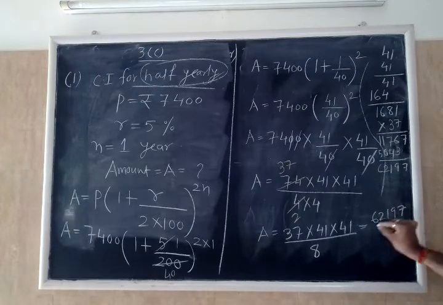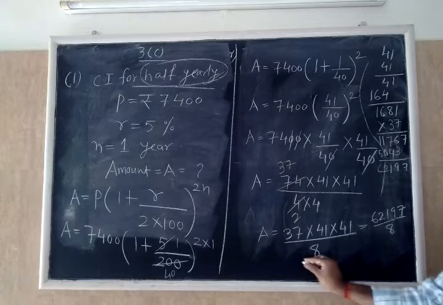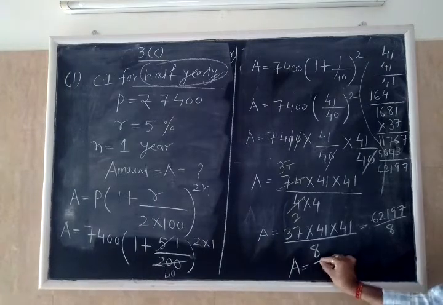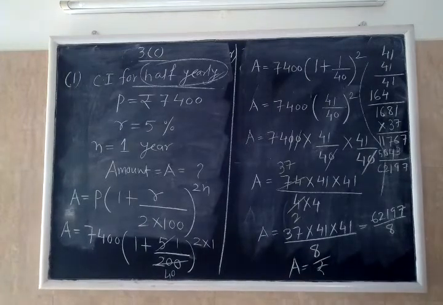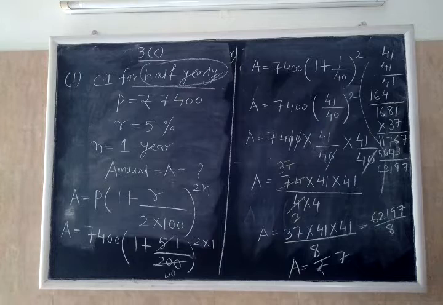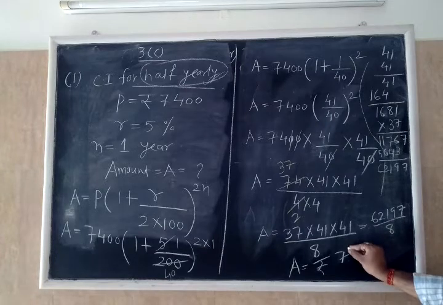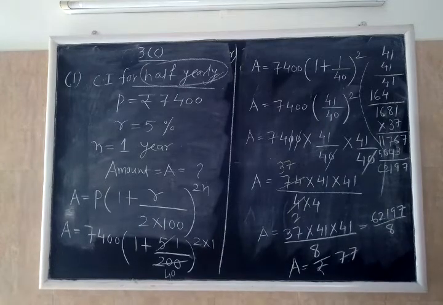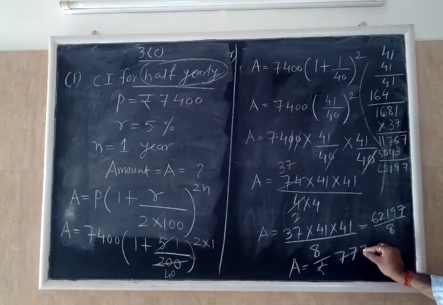Yes, let's take it. Divide by 8. So let us divide this by 8. 8 7s are 56. 62 minus 56 is 6. 61. Again 8 7s are 56. 61 minus 56 is 5. 59. 8 7s are 56.